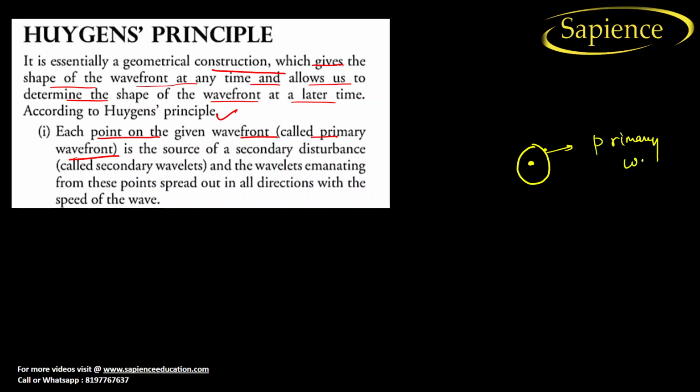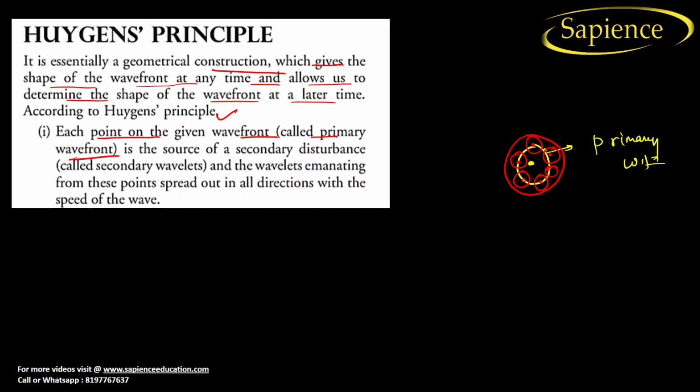The primary wavefront is the source of secondary disturbance. So definitely each and every point on this wavefront will create a secondary disturbance. So these are the secondary disturbances which will be created by this. And when you again take a common tangent to this, you will get the secondary wavefront.